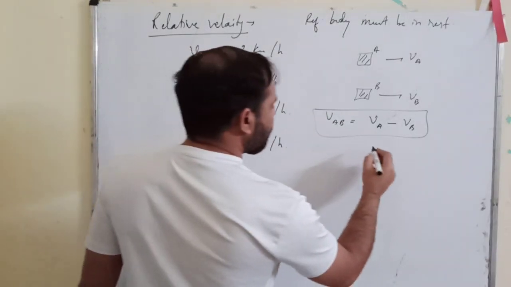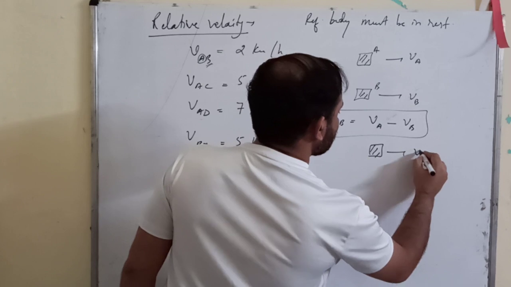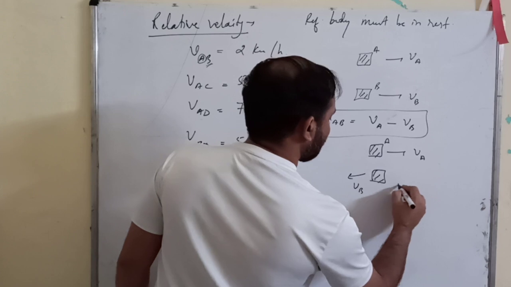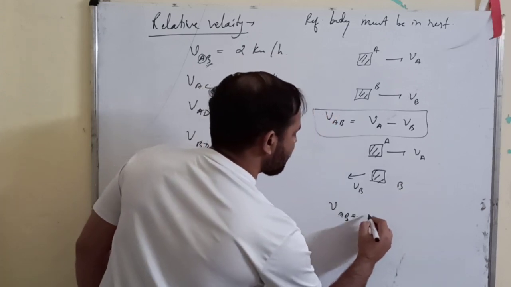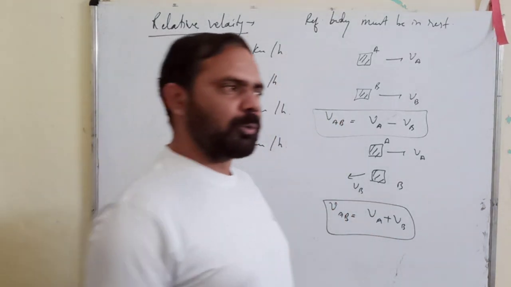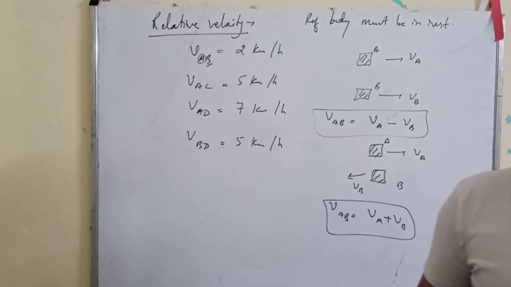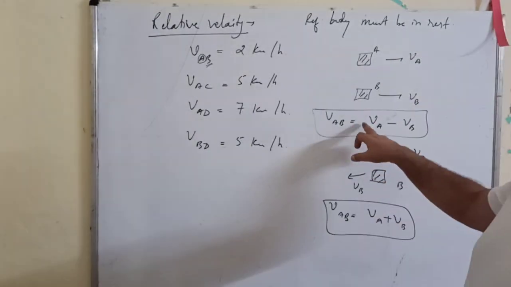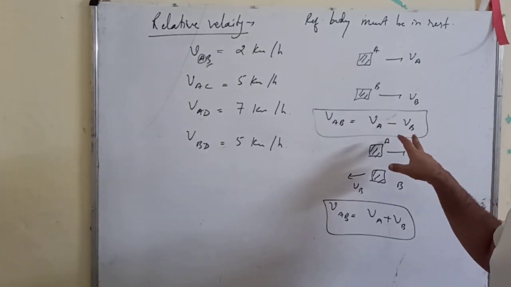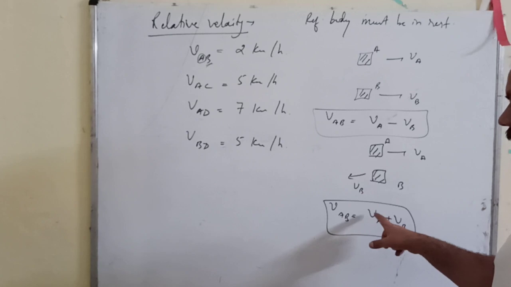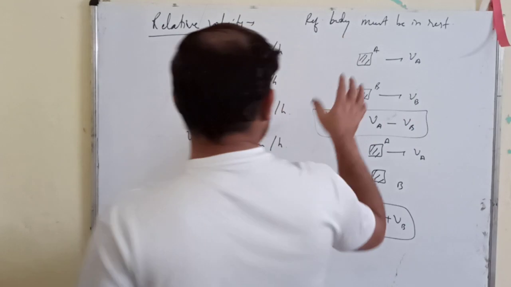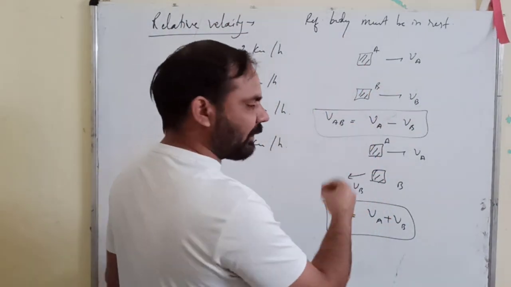If suppose they are moving in different directions, VA and VB, then VAB is given by VA plus VB. Remember this. If two bodies are moving in the same direction, then the relative velocity is obtained by subtracting the individual velocities. If they are moving in opposite directions, then you will have to add the velocities in order to get the relative velocity. This is the actual outcome of this discussion.